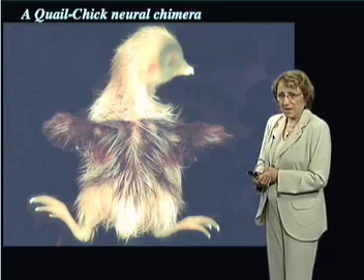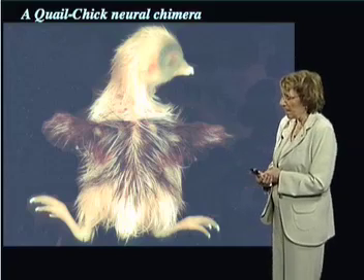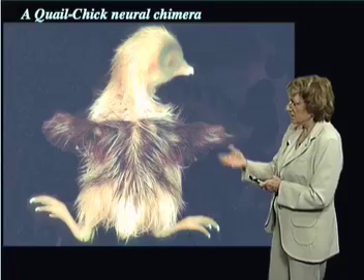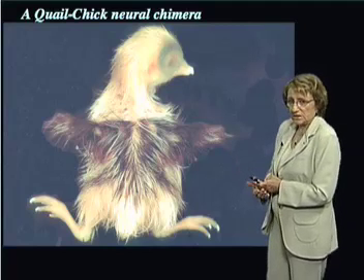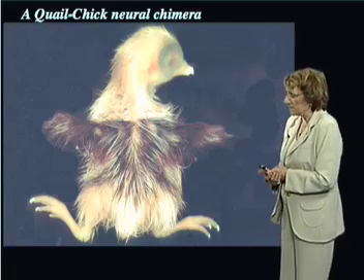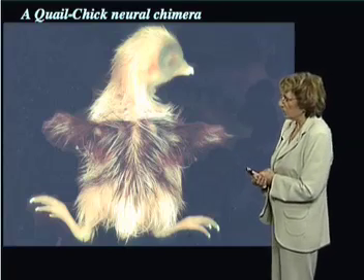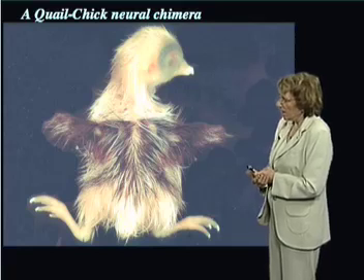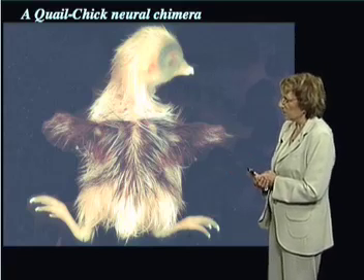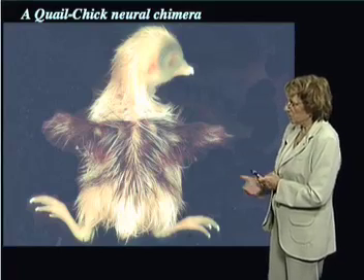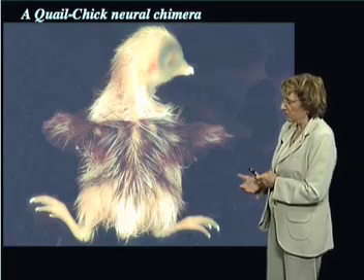These chimeras develop normally, and in this case, the host embryo was of the white Leghorn strain. That means it was completely devoid of pigment. And you see that the only sign that this bird is a chimera is the transverse stripe of quail-like pigmented feathers.